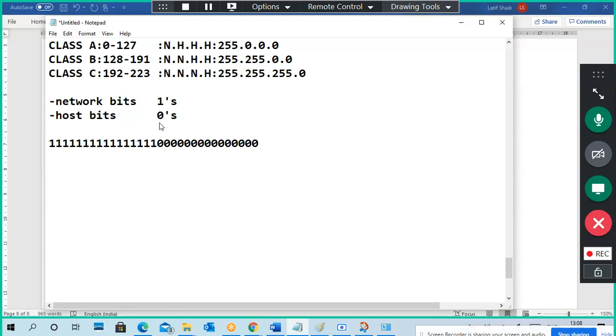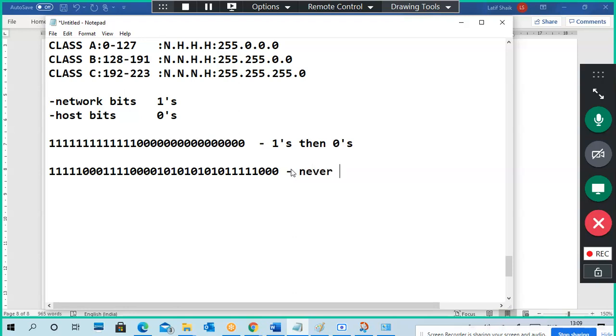It is never 1 0 1 0 in the subnet mask. Always remember, it is always ones first, then zeros.